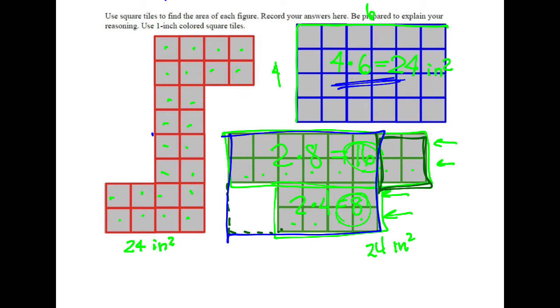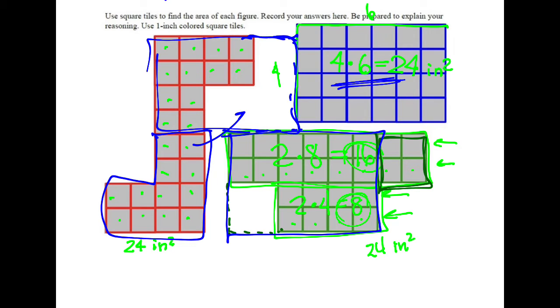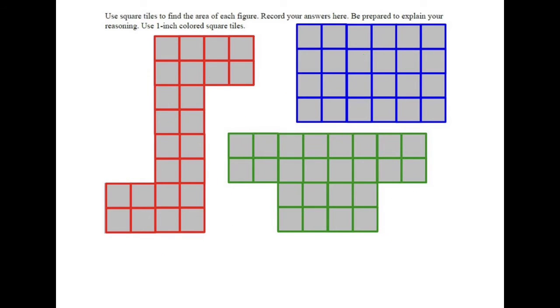On this one, if I cut this piece off and moved it up here, I would also have a 4 by 6. The idea is that the shapes are the same area because they have the same number of squares that are the same size.